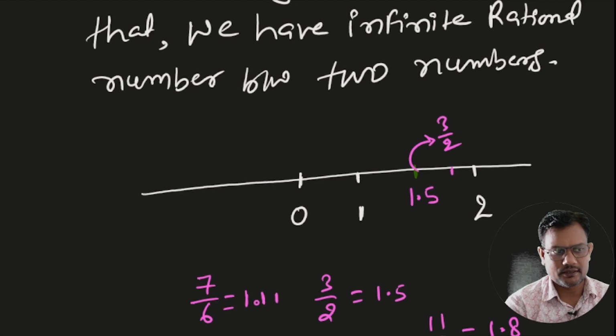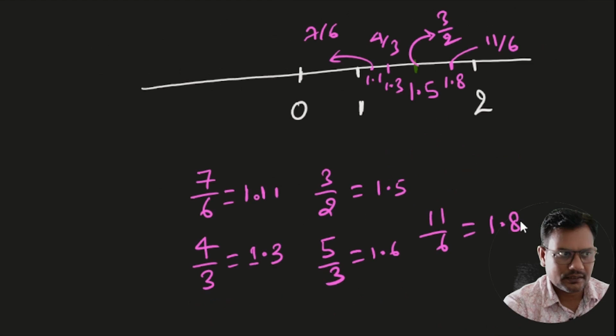Here will be the 1.8, that means 11 by 6. 1.3 here, that means 4 by 3. 1.1 means 7 by 6. You have to represent all the rational numbers we had found between 1 and 2. Understood?